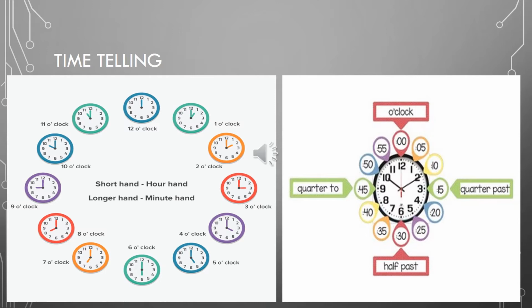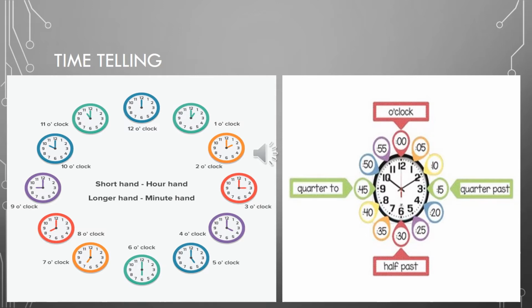Whenever the long hand or the long stick will be on 12, what will it be? It will be o'clock. Done. And going downward, when the longer hand moves towards 6, then what will it be?